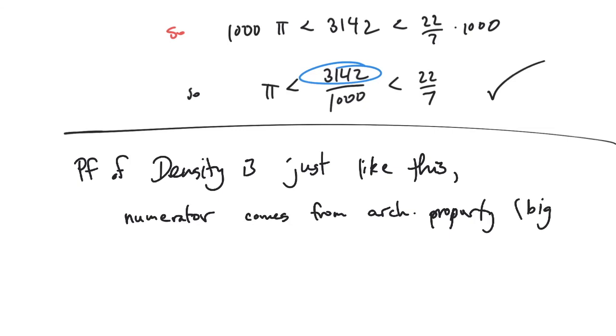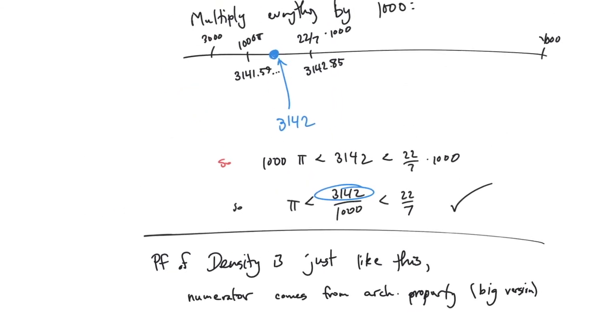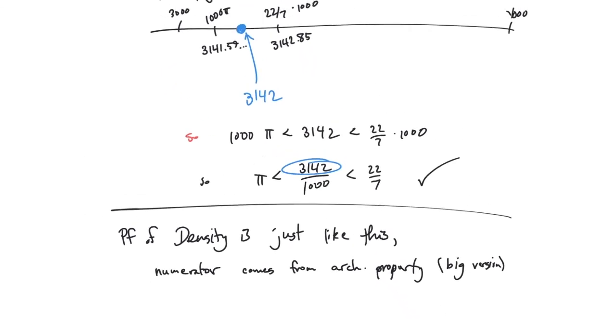It comes from multiplying up the scale of the entire picture, and then the Archimedean property says there must be a natural number bigger than, in this case, 1,000 pi. But whatever the real number is on the left side, you use the Archimedean property to get a natural number that's bigger. And then because the distance across here is more than 1, the natural number will also be less than the other one. And then you do this little division thing, all right? The numerator comes from the Archimedean property.